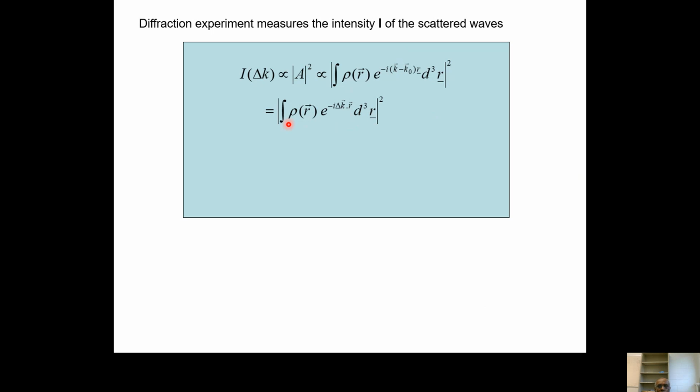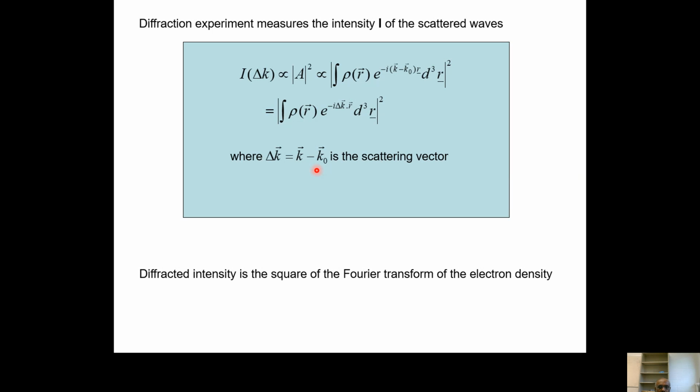If you look at this one, what do you see here? This is nothing but the Fourier transform of your rho(r), right? If people are familiar with the Fourier transformation, this is basically the Fourier transformation of your rho(r). So this delta k means k minus k0, right? Actually, this is 2k sin theta, if you remember.